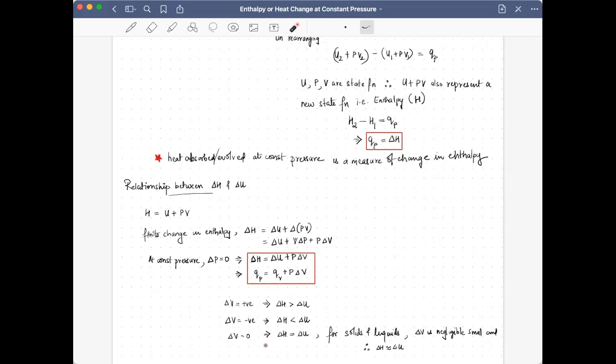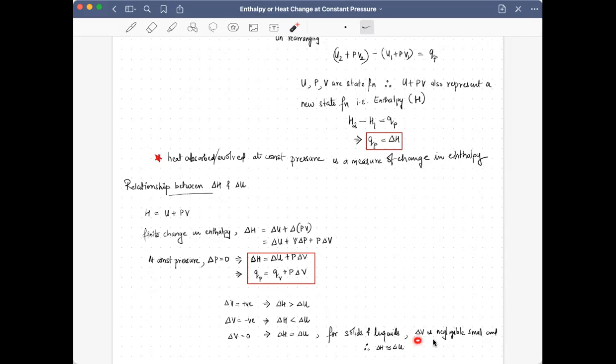This can be hypothetically realized, especially in the case of solids and liquids, because the change in volume that can be brought about in solids and liquids is very, very marginal; they do not compress or expand easily as gases do.